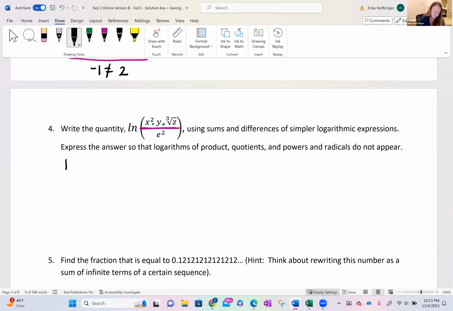And so we have the natural log of our numerator, x squared times y times the cubed root of z. I'm going to rewrite the cubed root of z as z to the 1/3 power minus, because of the division, the natural log of e squared. So now let's break down the multiplication in between.